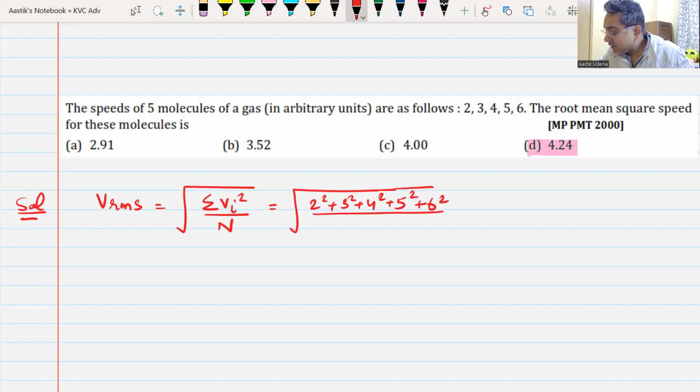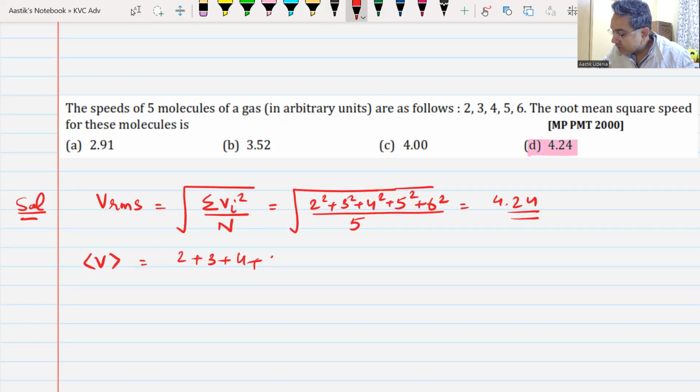How many molecules are there? There are only 5 molecules. And you will get your answer, I think, as 4.24. Yes or no? Yes, sir. If we have to find out the average speed, it would have been 2 plus 3 plus 4 plus 5 plus 6 divided by 5.